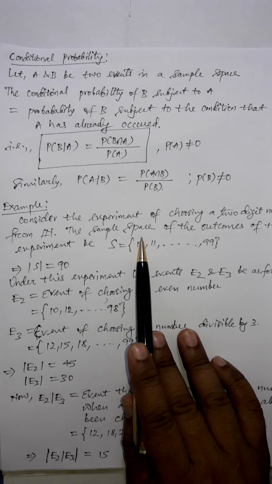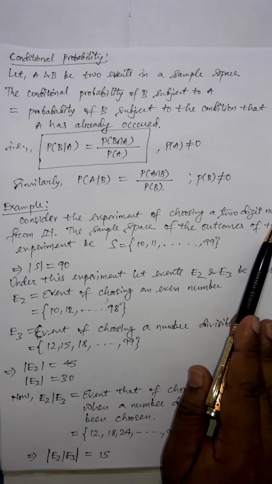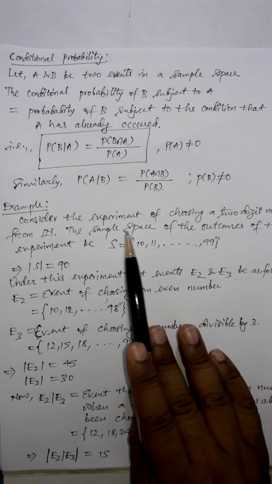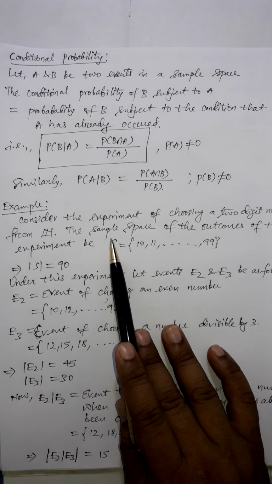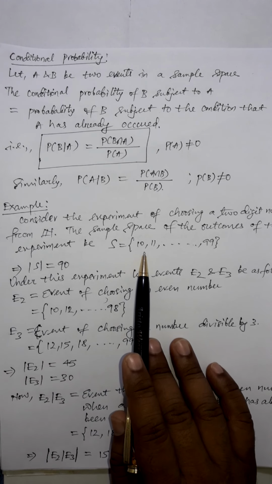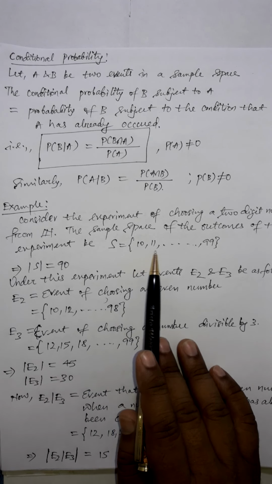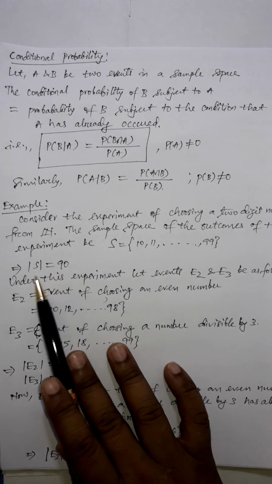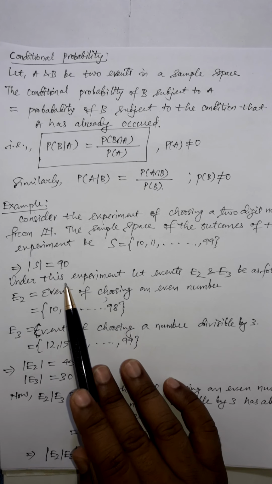Obviously, as we are discussing two-digit natural numbers, the sample space S of the outcomes of this experiment will contain only two-digit numbers, which will start from 10 onwards up to 99. So the number of elements, that is the size of the sample space, is 90.